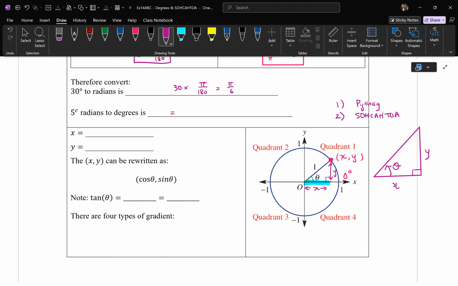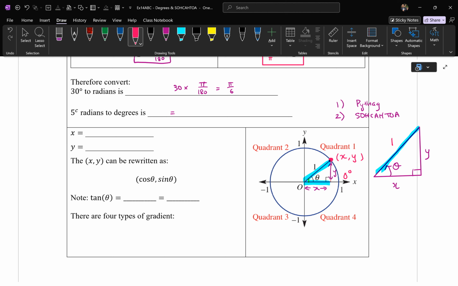SOHCAHTOA, let's see where this comes from, or the idea. See, when we say SOHCAHTOA, we're saying this hypotenuse. Notice, what is the hypotenuse? We said it was a unit circle. So that's radius 1. When you draw that, that's also the radius. So the hypotenuse is already 1.